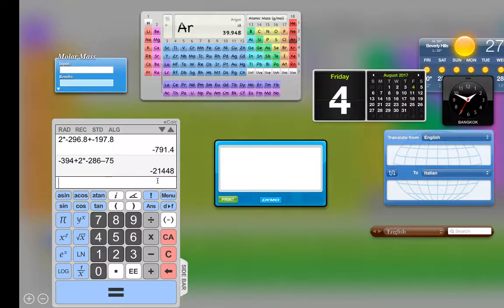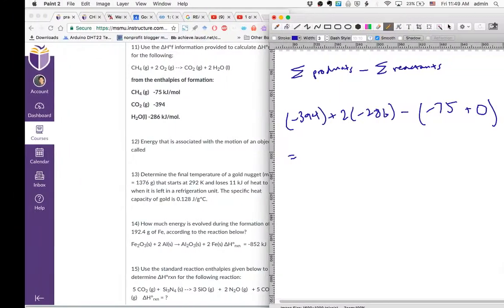Maybe I'll use parentheses this time. Minus a negative 75 is positive, is plus 75, the same thing. That's better. Negative 891.